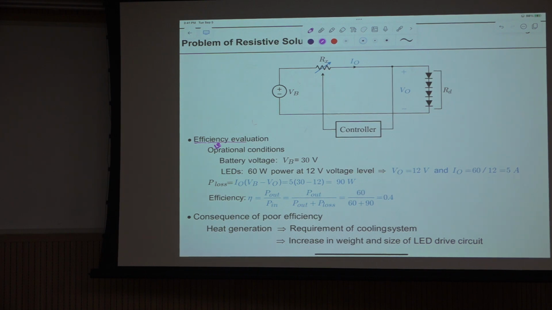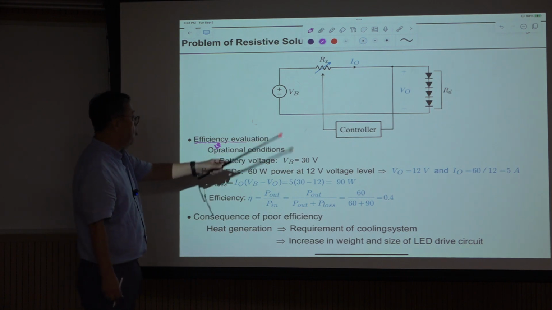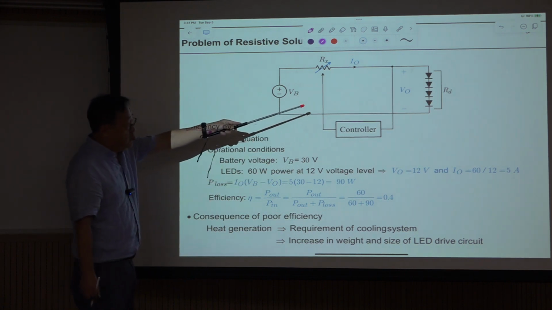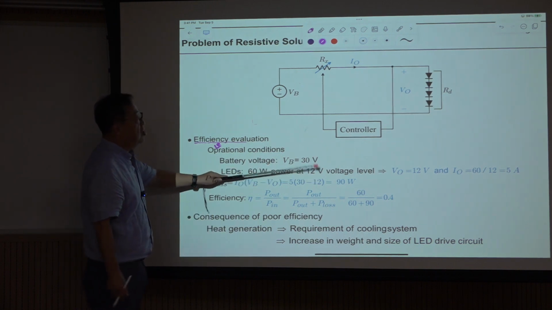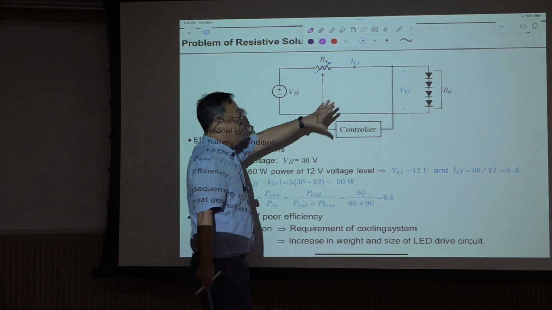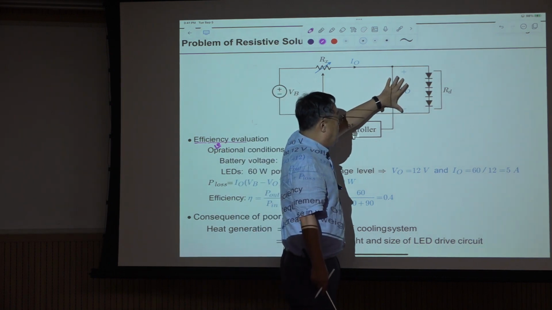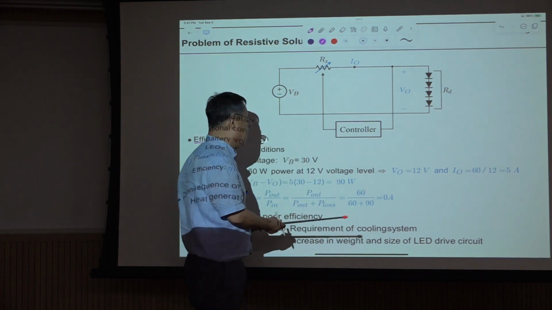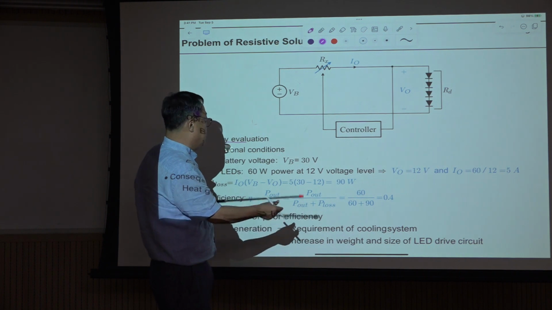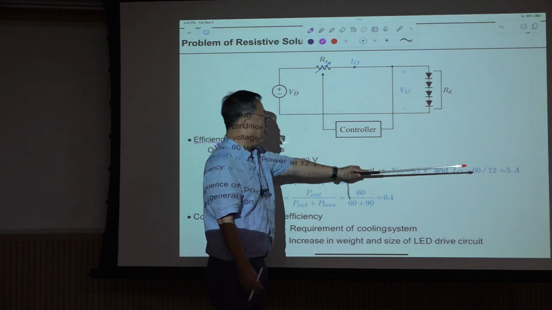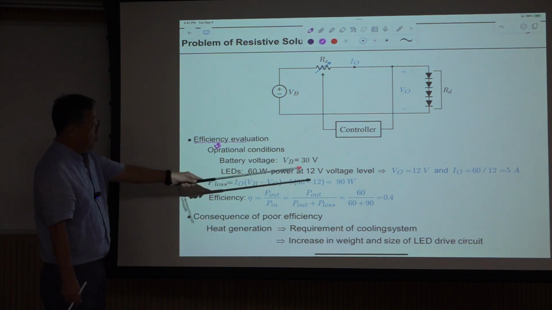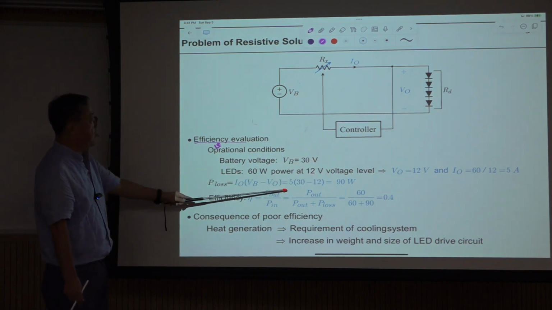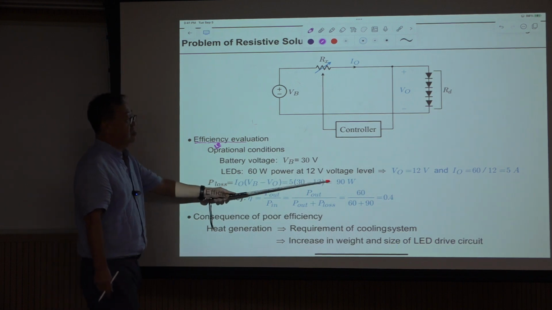Assume the battery voltage is 30 volts and the power through this LED string is 60 watts, at 20 volts across these 4 LEDs. The voltage drop is exactly 12 volts. Then the current is 5 amps. The power loss is I_O times the voltage difference.